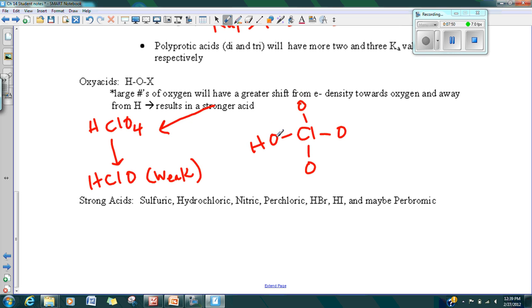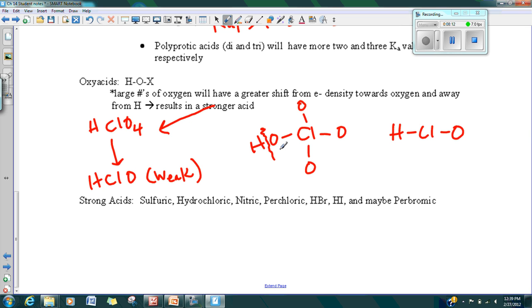This is a hydrogen that needs to break away, and this is very easy for it to do because the chlorine is going to hold on tightly to these other 4 oxygens, and so this makes it a strong acid because this dissociates very easily. Whereas when I draw the weak one, you can see that I have the chlorine attached to both oxygen and hydrogen. It's not as easy to break this bond.